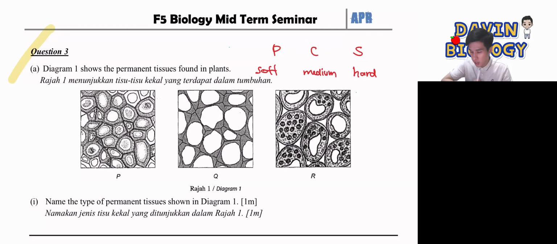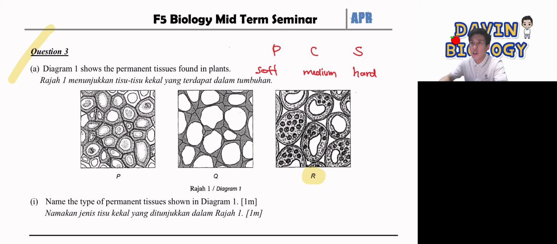So look at R. Let's try to look at R first, compared to Q and P. Which one do you think it is? Let's try this together. Does it look like parenchyma, big and thin, or the others?